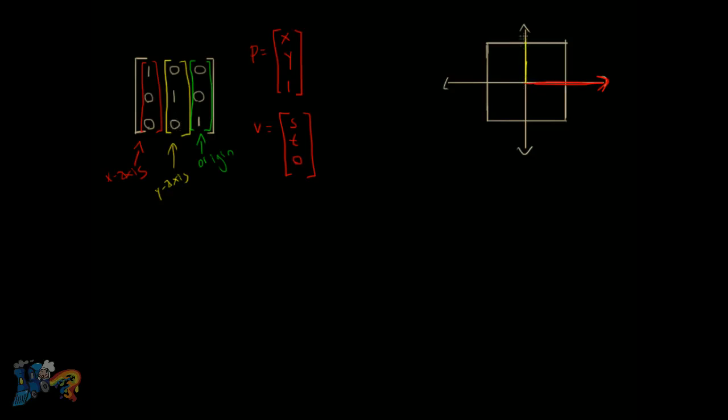So this is what the identity is showing me right now. It's showing me an x-axis, a y-axis, and then we have an origin, and lo and behold, this is a point. It's got a 1 in the w component, and it's located at 0, 0, which makes perfect sense. So here's our origin.